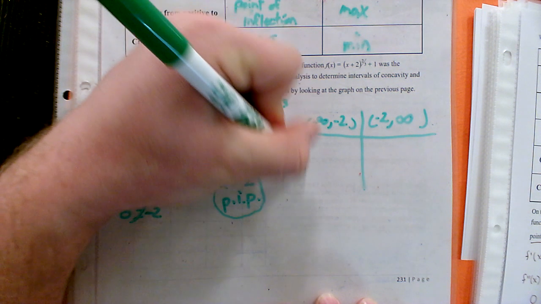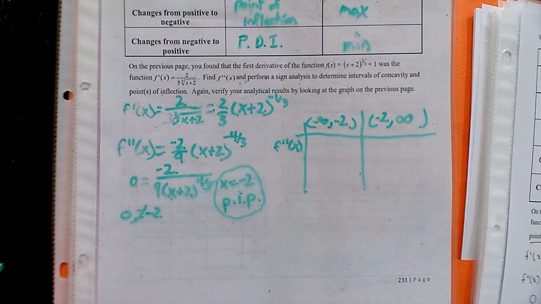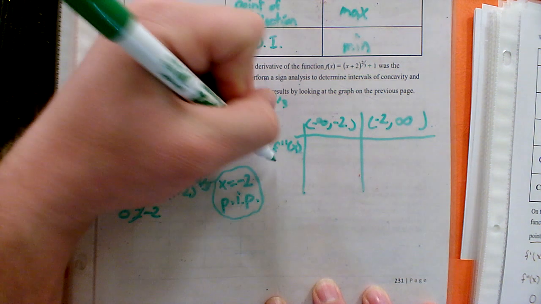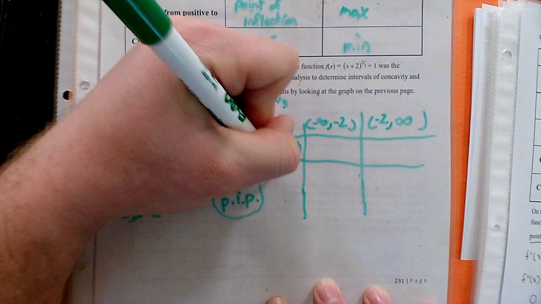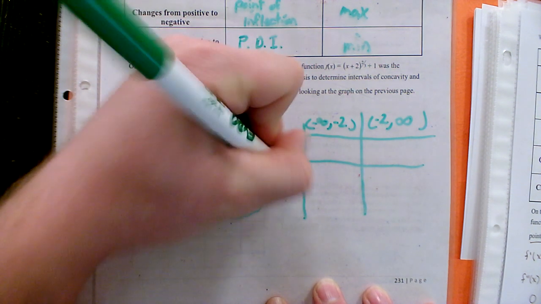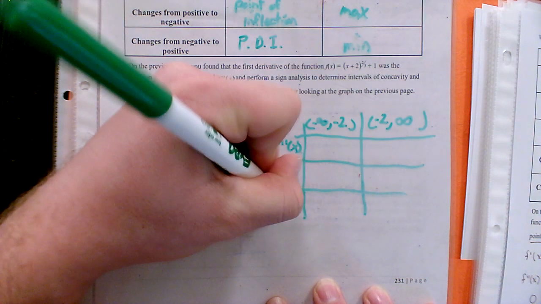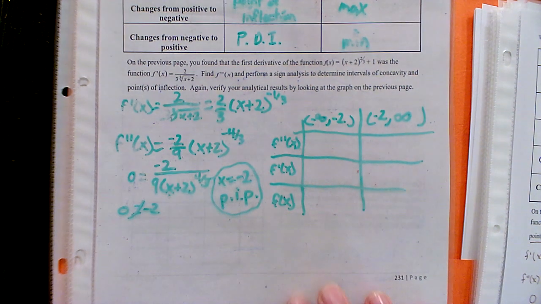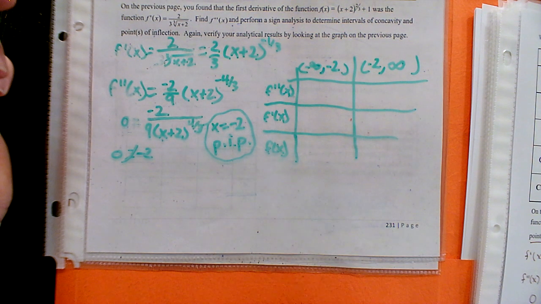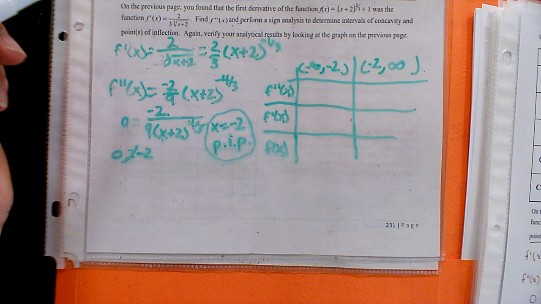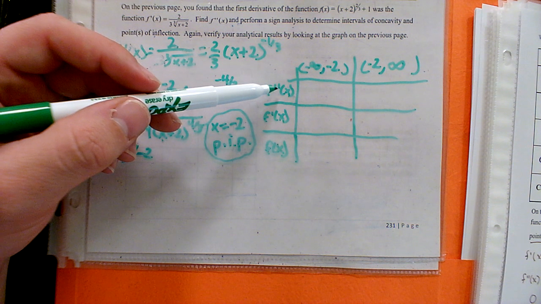F double prime of x. Now we don't have to do all of this because they're just asking about concavity, but I'm going to put f prime of x here, and I'm going to put f of x here. F double prime of x.